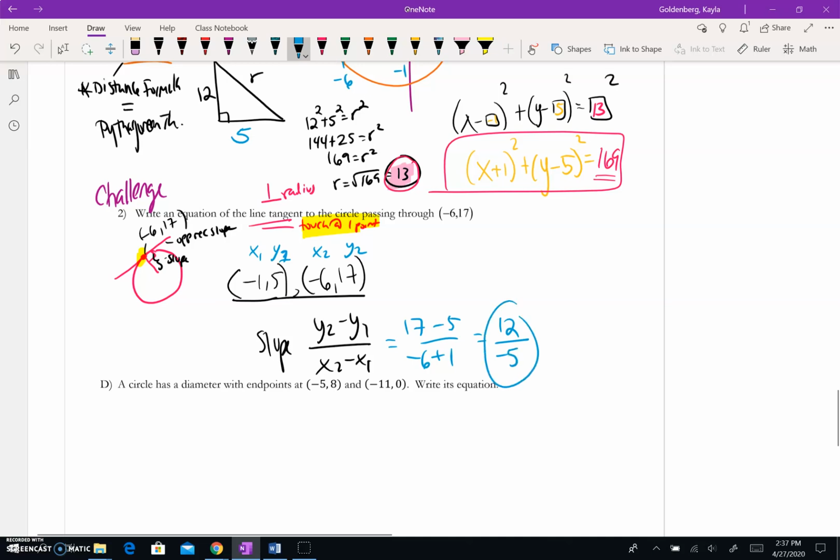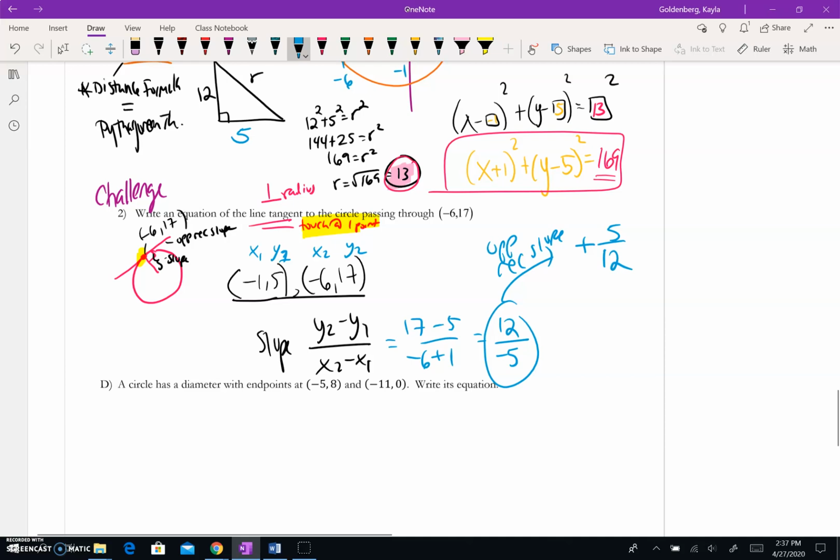Okay, so there's my slope. Now I want to do the opposite reciprocal slope, which is opposite would be plus, reciprocal would flip that. Okay, and I'm just double checking that all my work looks good, that I did 17 minus 5, -6 minus the -1, that all looks good.